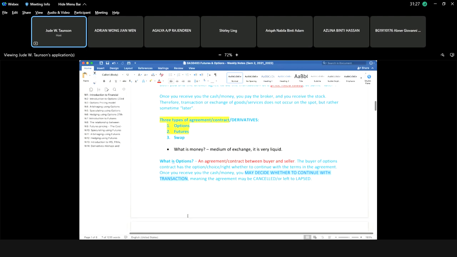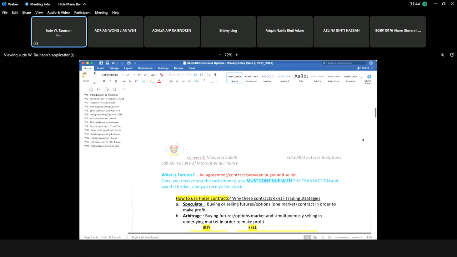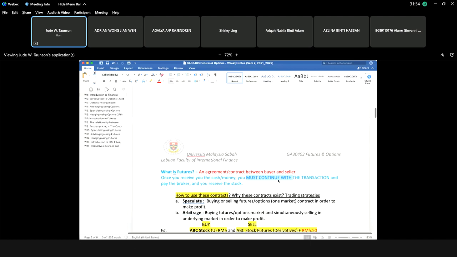However, for futures, saya mesti beli saham itu mengikut perjanjian dalam kontrak. Once you receive the cash, I must continue with the contract. Mesti beli regardless of what happened. This is one disadvantage of futures actually.